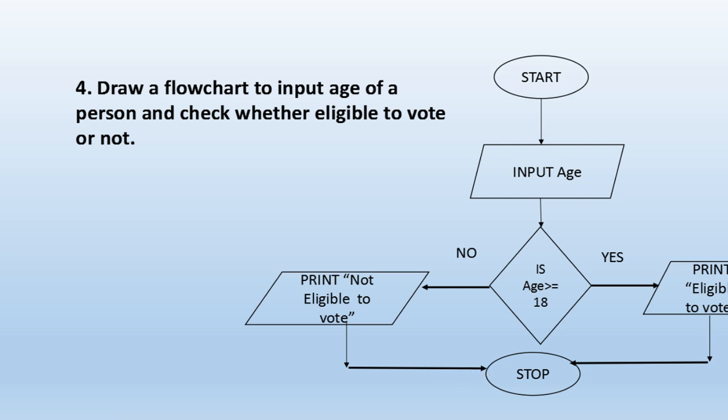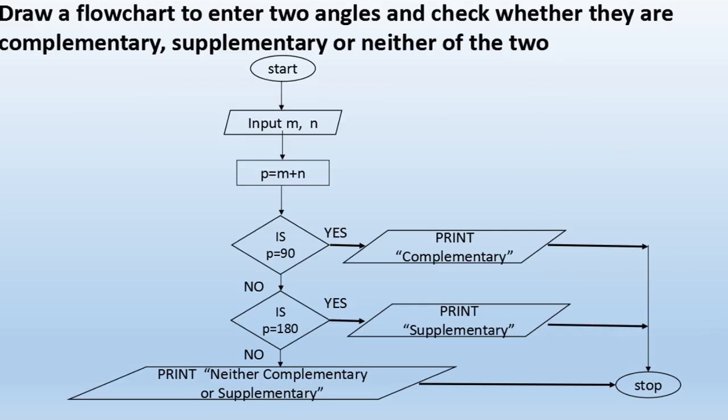Now this part is: draw a flowchart to enter two angles and check whether they are complementary or supplementary or neither of the two. So the two angles M and N have come. You are adding and storing the sum in P. If the sum of the two angles is 90, then it will print complementary and will come and stop here.